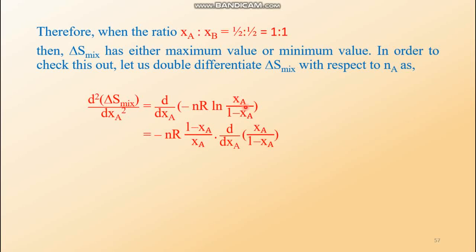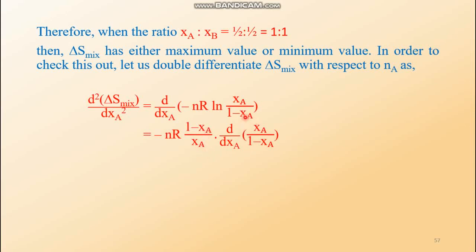So we have to keep XA constant and differentiate 1 by 1 minus XA, and next time keep 1 by 1 minus XA constant and differentiate XA. But before that, we have to differentiate the log of the whole thing. Differentiation of ln x is 1 by x, so differentiation of this term is 1 by this term, that means its reciprocal. So it is 1 minus XA by XA.